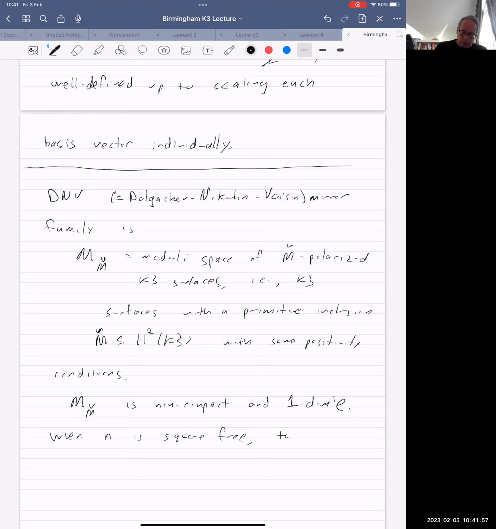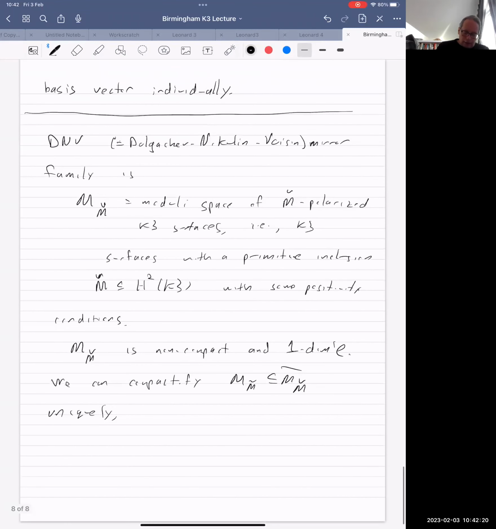We can compactify, and because it's one-dimensional, the compactification is unique.